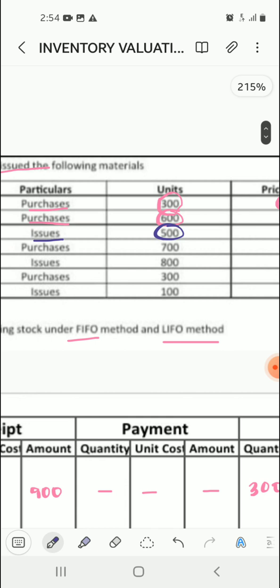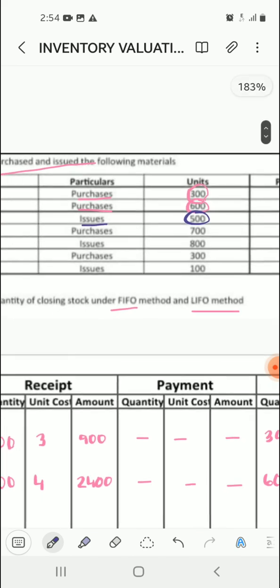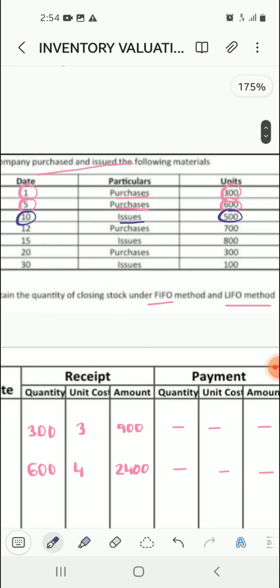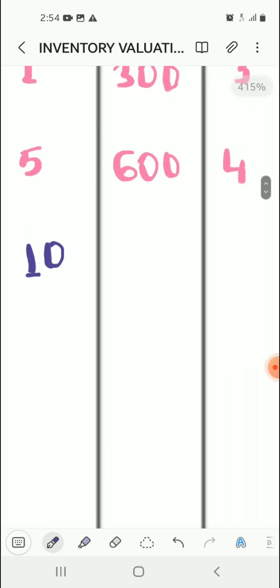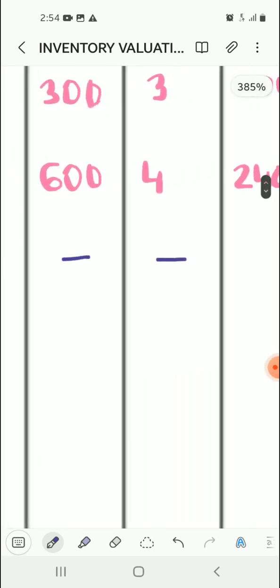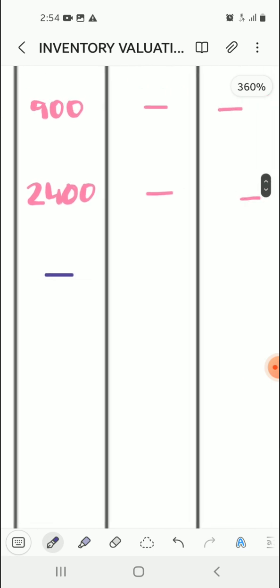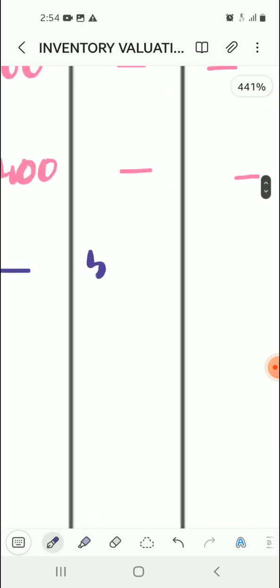It will vary because we are using the FIFO method. If we use the LIFO method, it might change. So the relevant things given are the date, 10, and 500 units issued. So let's write date 10. There are no purchases, so leave the first three columns blank. There was an issue of 500 units.